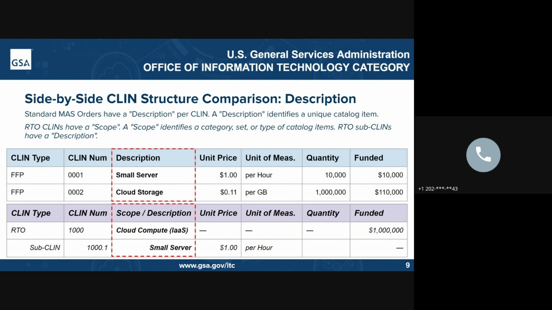You could have a scope that supports your development team, and another scope could be for your production team. Another avenue is, if the scope was for software as a service, you could do the subCLINs based on super user licenses or subscriptions, general subscriptions, or training subscriptions. Those would all have different price points, but you'll notice that they all must fall within the scope of the requirements task order.